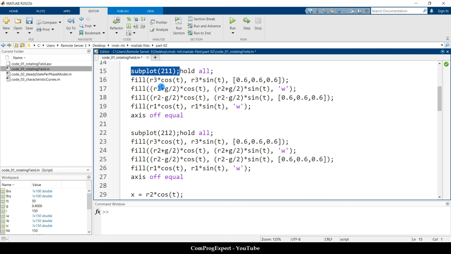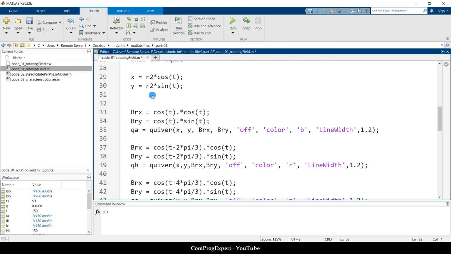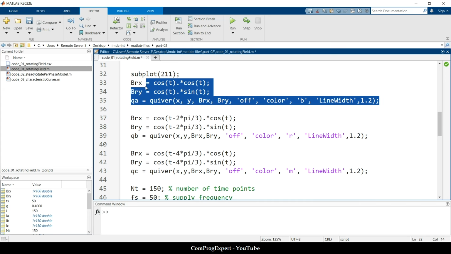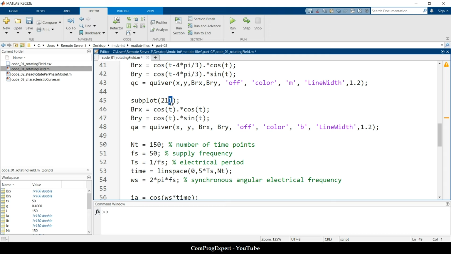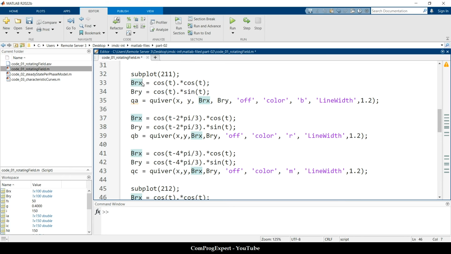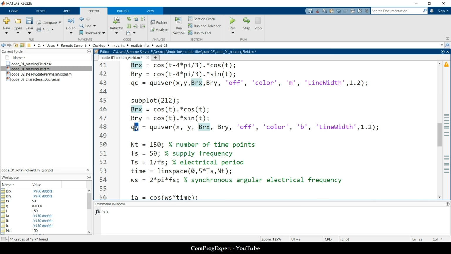Then I make this subplot active to plot these quiver functions, and then I make this subplot active to plot the summation of these 3 functions. So this is the BRX generated by the phase A, B, and C. This is the net value for the air gap. This plot is for the gap.